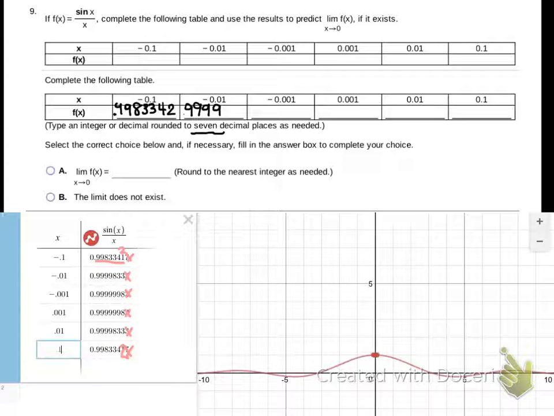And then 8, 3, 3. Make sure I got the right number of decimal places. My math lab is very picky, and if you don't get the right decimal place, it will mark it incorrect. 6 9s and an 8.